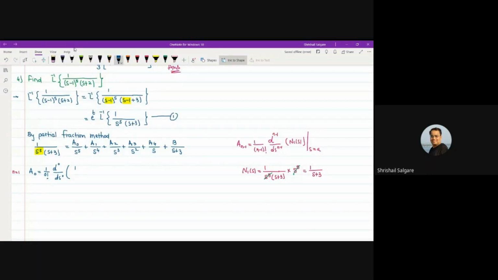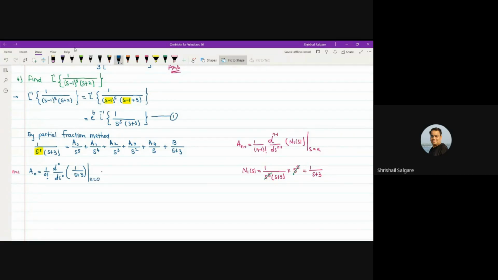Now this red color I am writing for your understanding. N is equal to 1 in the formula, then a naught is given by, if n is 1, 1 upon 0 factorial, zeroth derivative of n1s. What is the n1s? 1 upon s plus 3. Am I right? And value of this function at s is equal to 0.